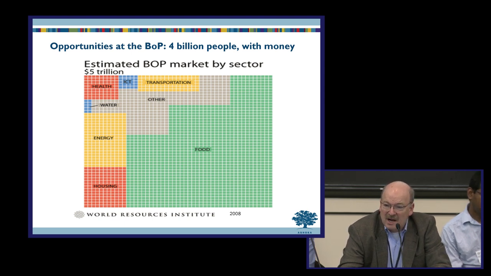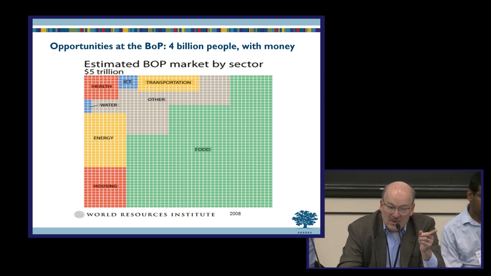This is a chart my colleague Al Hammond did based on the only study that's ever been done segmenting the base of the pyramid by spending. These are 2008 dollars, and there's basically $5 trillion a year in spending by 4 billion people who are left out of the formal economy. Most of it's going to food, as you can see.